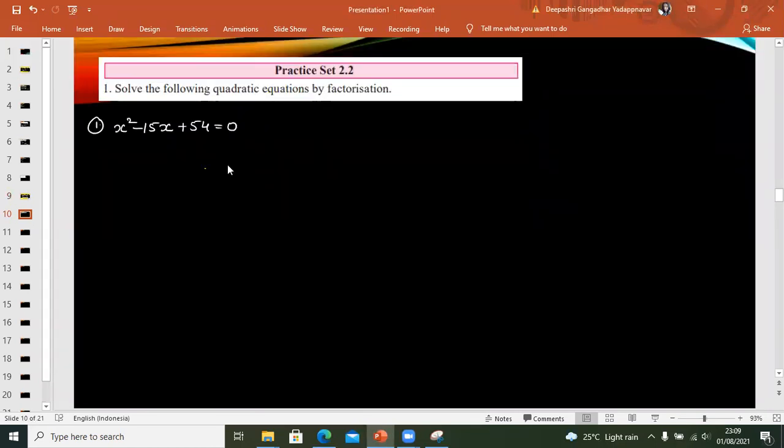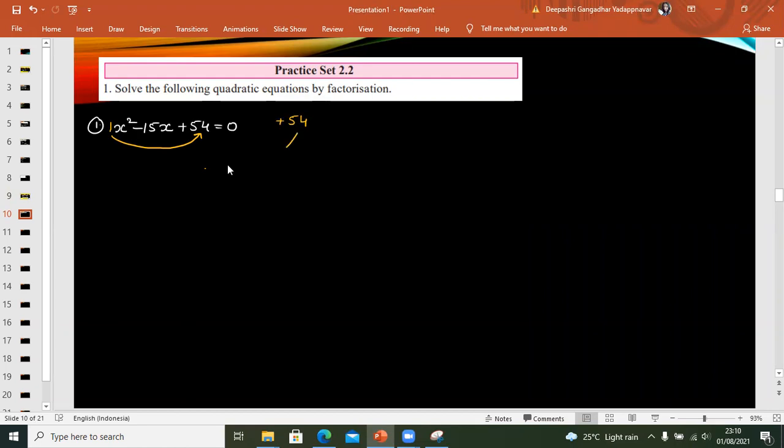Okay, so we have to solve this by the factorization method. In this method, what you have to do is always see the first number, the number in front of x square. Here there is 1. So this number and the third number you have to multiply. So 1 multiplied by positive 54, you are going to get positive 54.